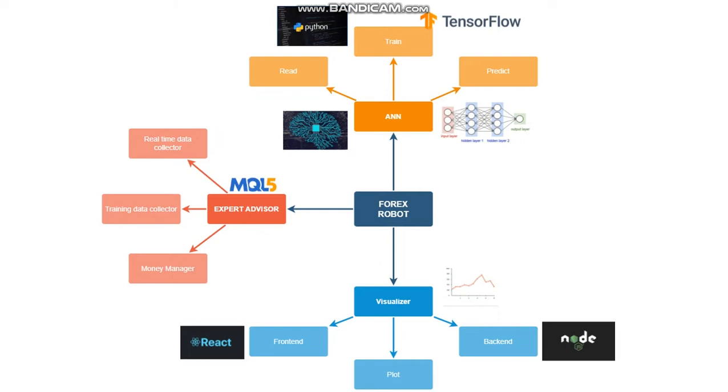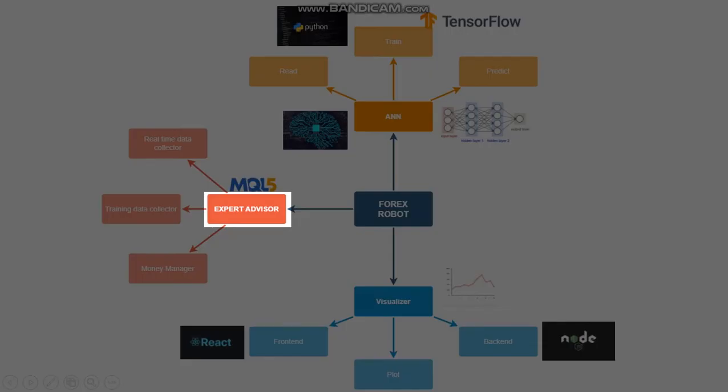So what does it look like? ForeverX is, as I mentioned, a Forex robot. It is made up of 3 parts. The first being an expert advisor, which some people refer to as the Forex robot, because this is the MQL5 program that runs on MetaTrader.